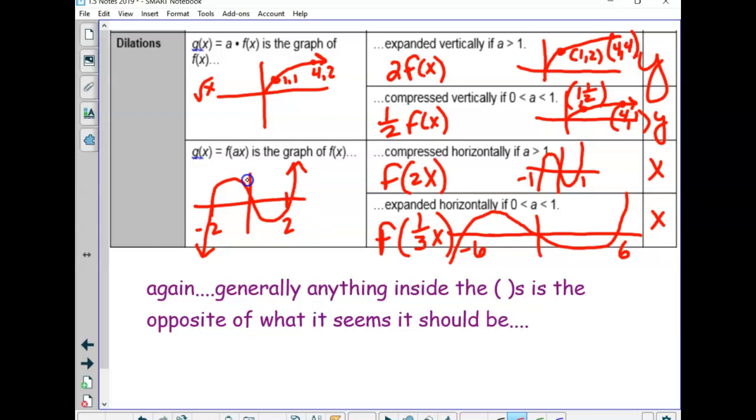The y value, where it peaked up here, the y value would stay the same. Better? Maybe? Everybody good?